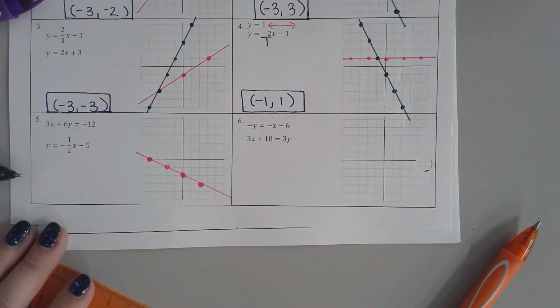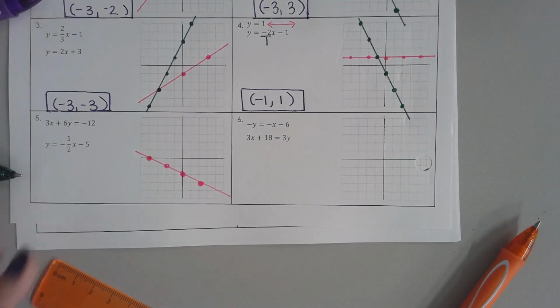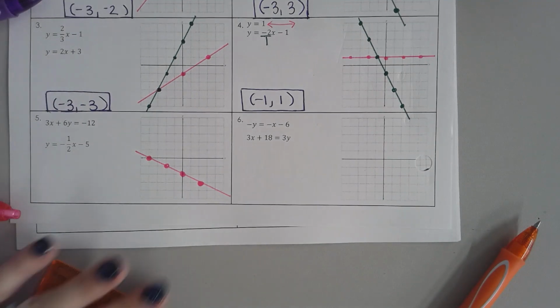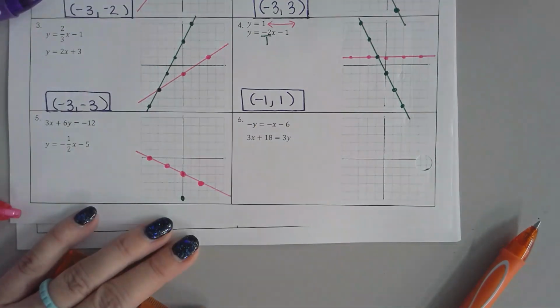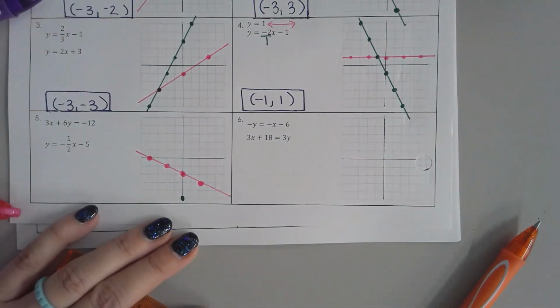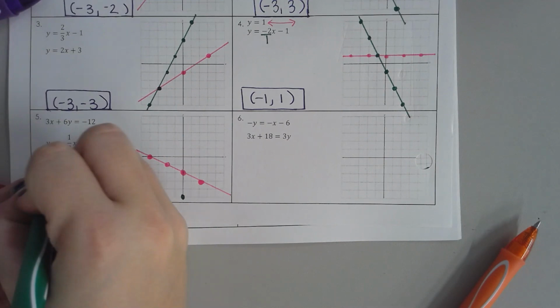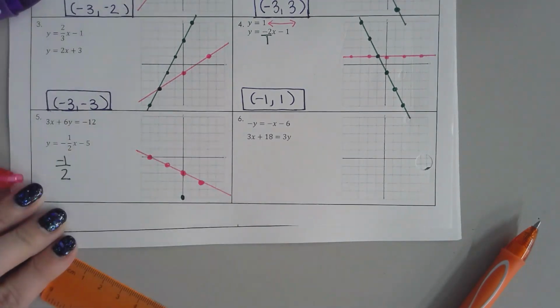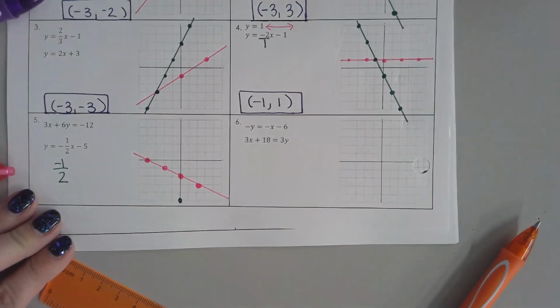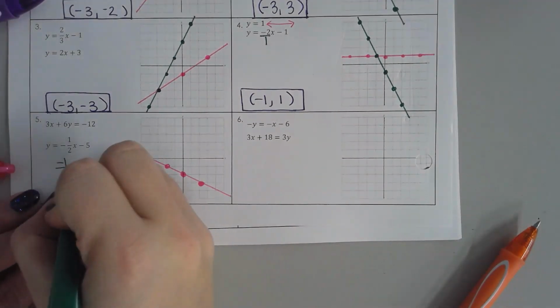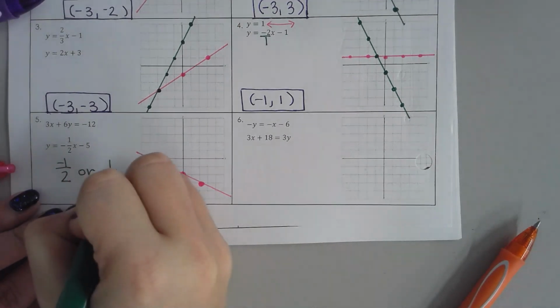My other line is in slope-intercept form. What is my y-intercept? Negative 5. What is my slope? Negative 1/2. If you see a negative in the front, that negative either goes in the top or in the bottom.